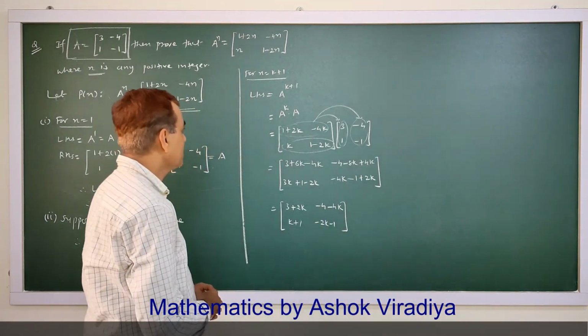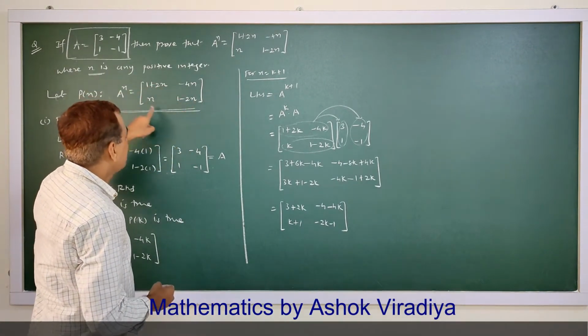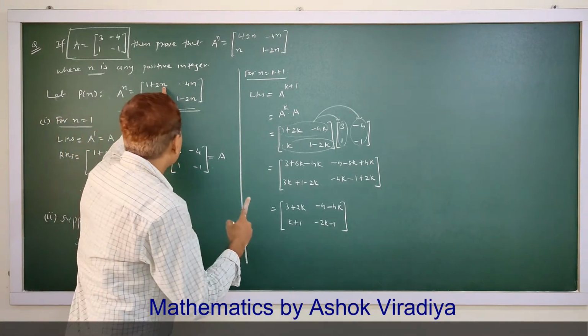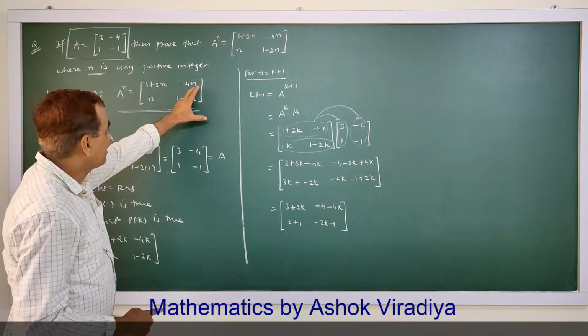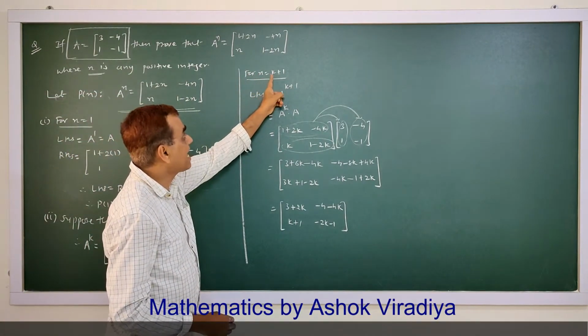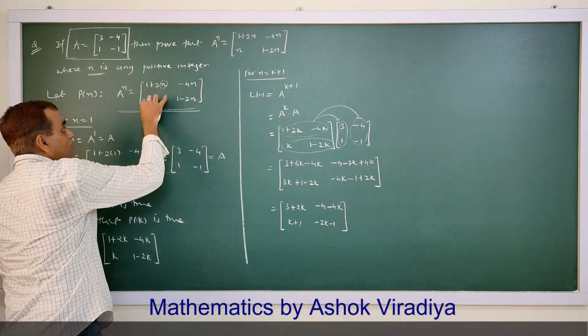Now look, we want the right hand side for n equal to k plus 1. Now see, we convert in this pattern. We want the right hand side for n equal to k plus 1. So we want here k plus 1.